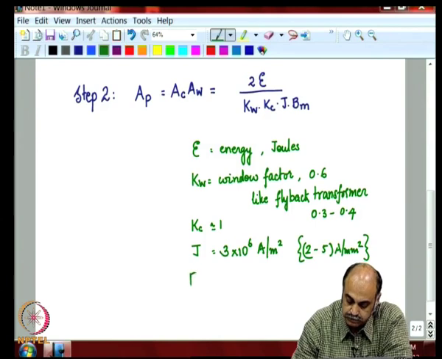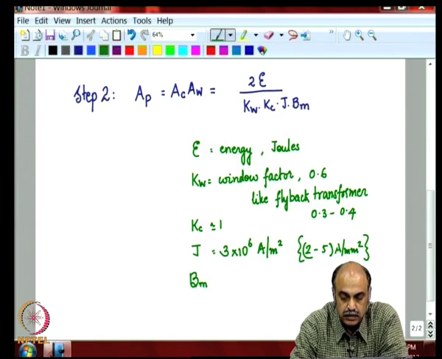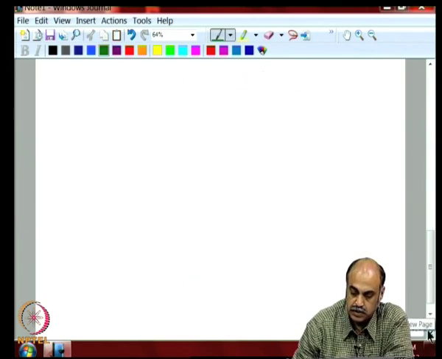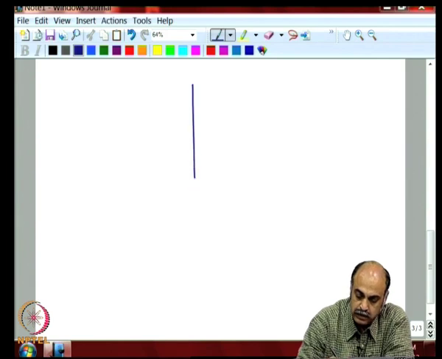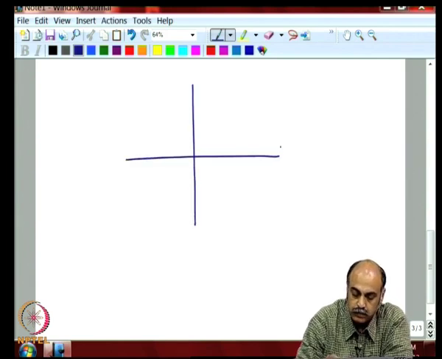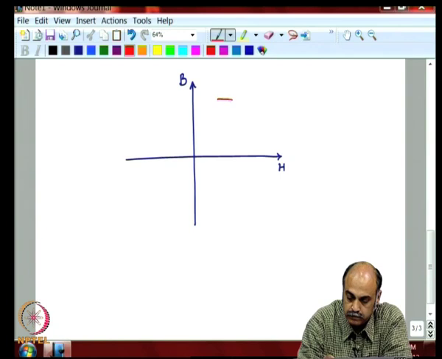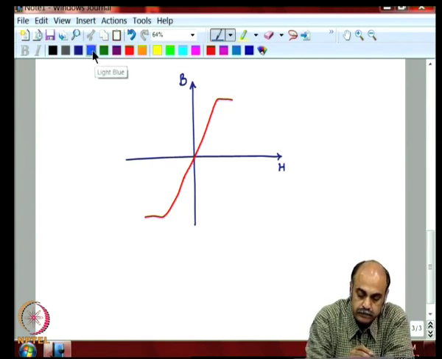Then Bm. Bm is the maximum operating flux. So, if you take the BH curve, a slight deviation, let me draw the BH curve, the virgin curve, which is like that.